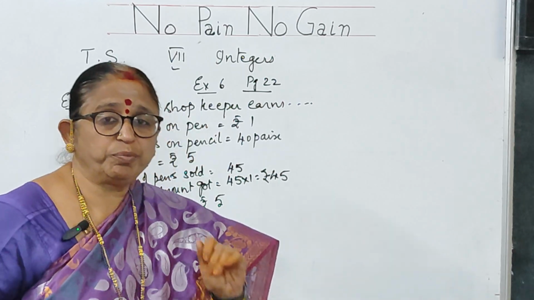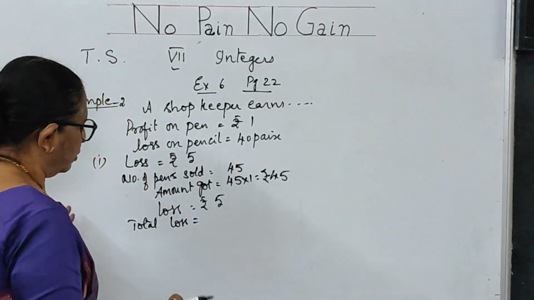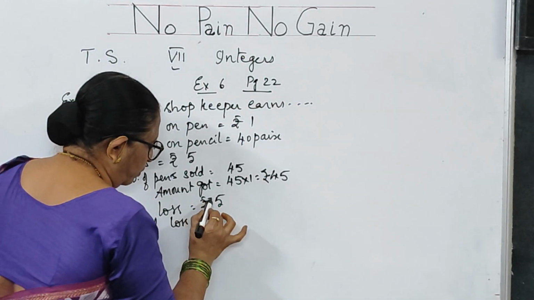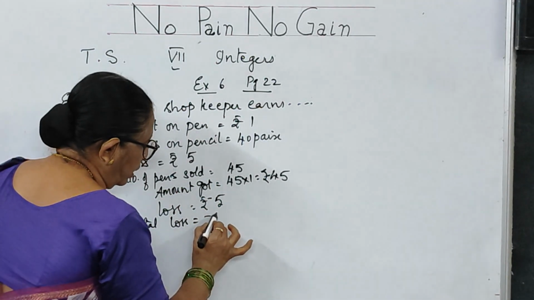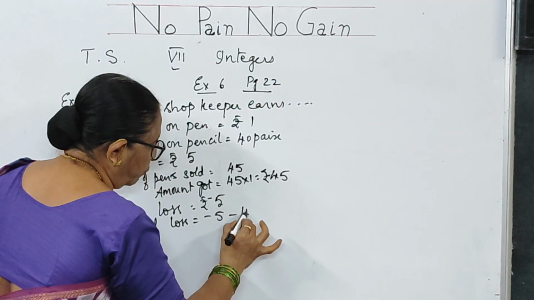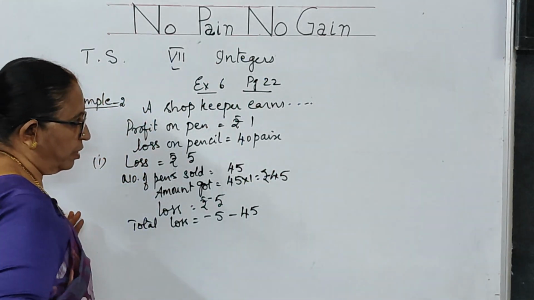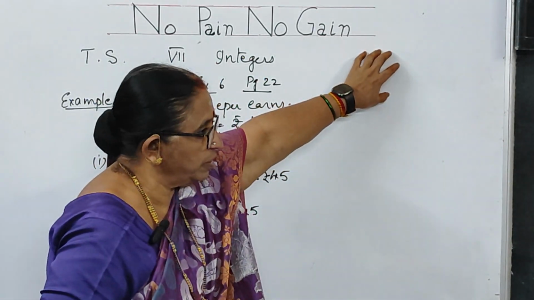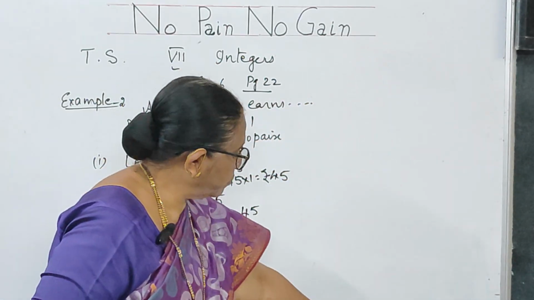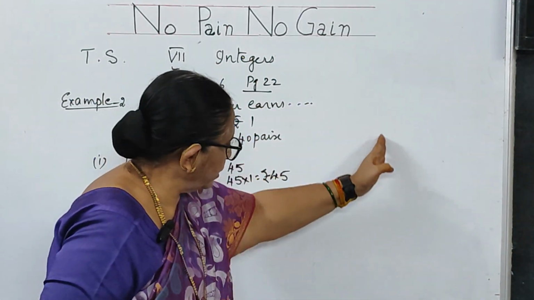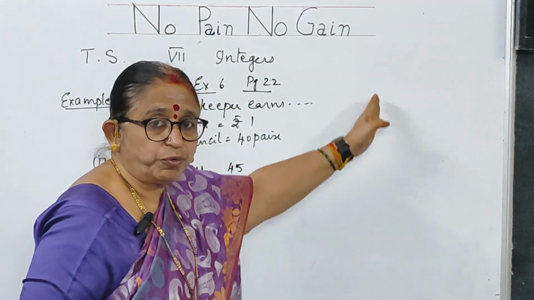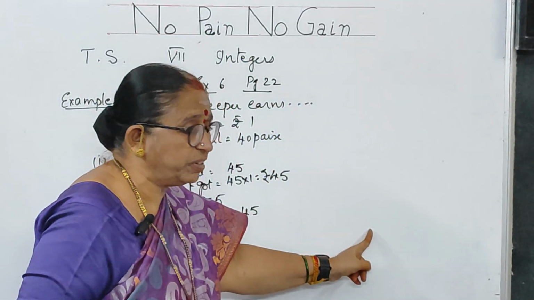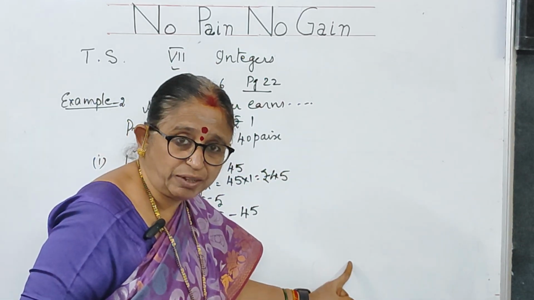That means you will write minus 5. Why? Because see, if you draw a number line, children, profit 45 is here. So minus 5 is here. From 45 she has come down to minus 5, which means a distance of 45 downward. Down means negative. So minus 45 and minus 5.